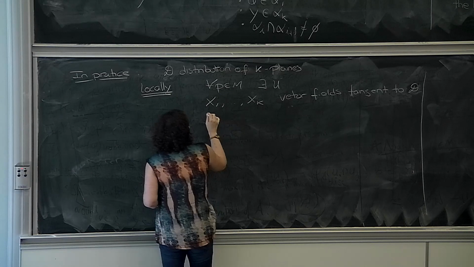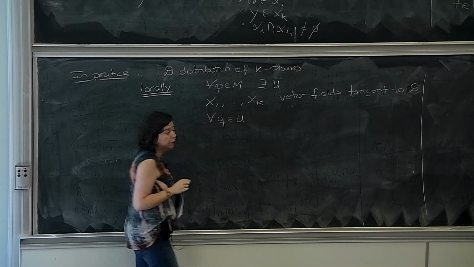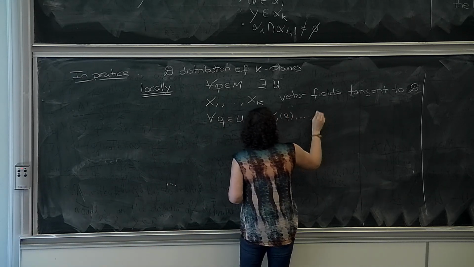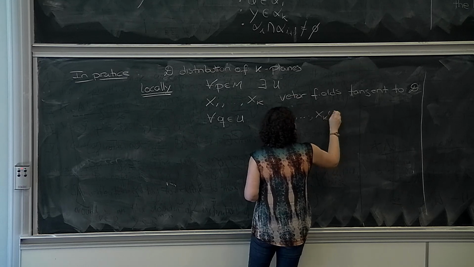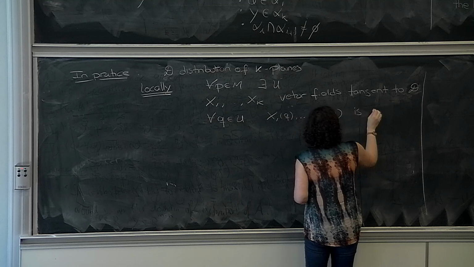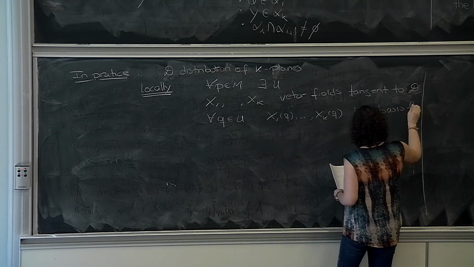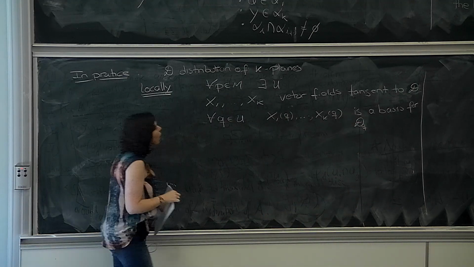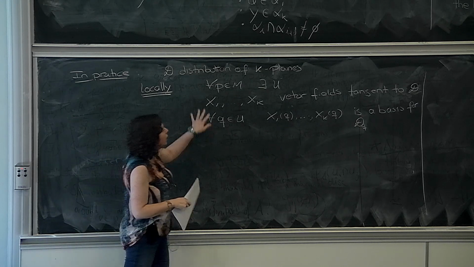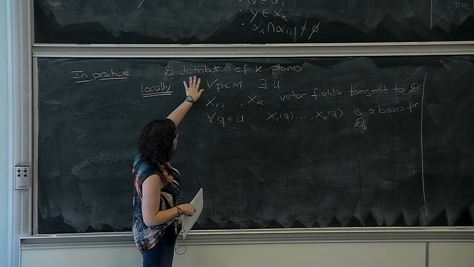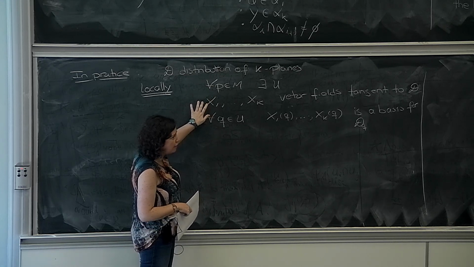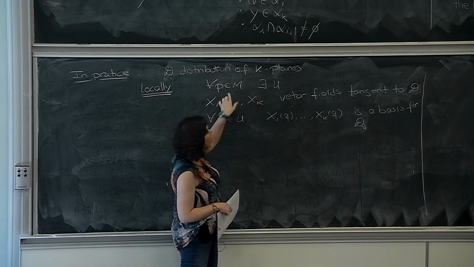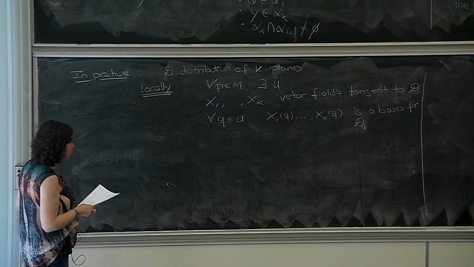And such that for every point that we fix on U, if we look to x1 at Q till xk at Q, this forms a basis for the distribution at the point Q. Okay, so as far as you have a distribution of order k, we can always find k vector fields linearly independent everywhere on some open neighborhood of every point of the manifold. Okay?